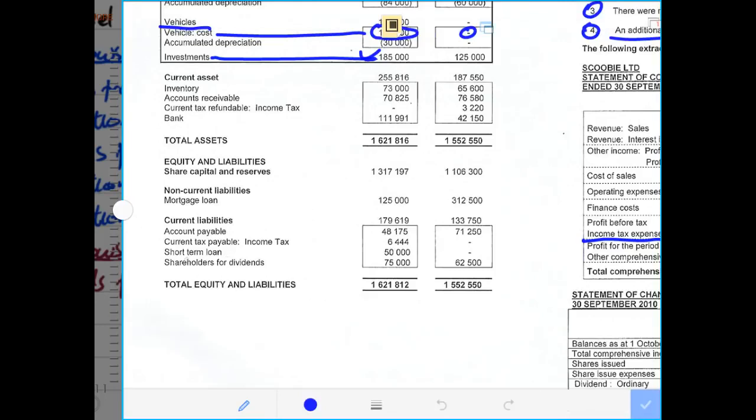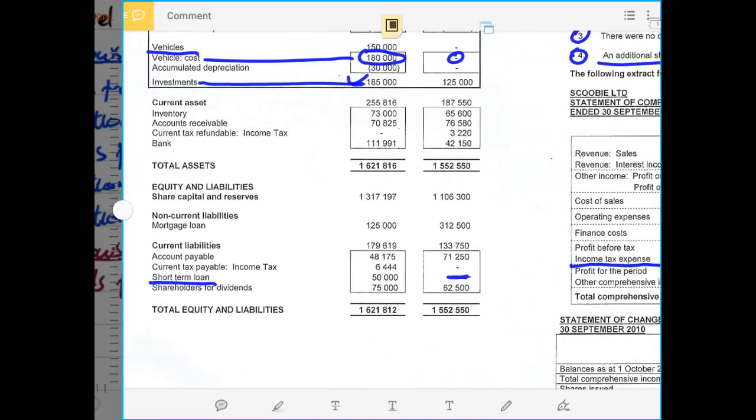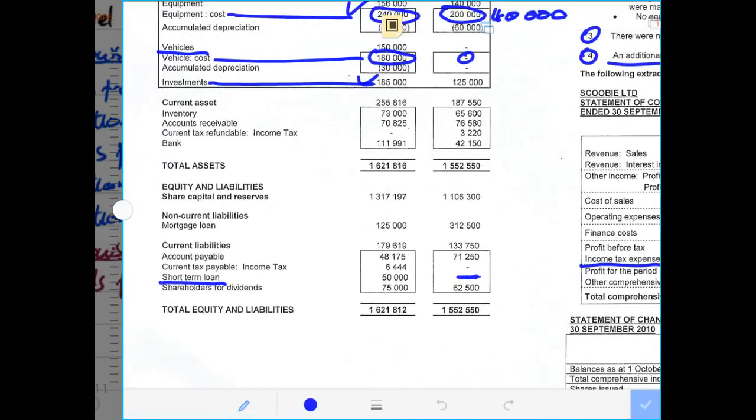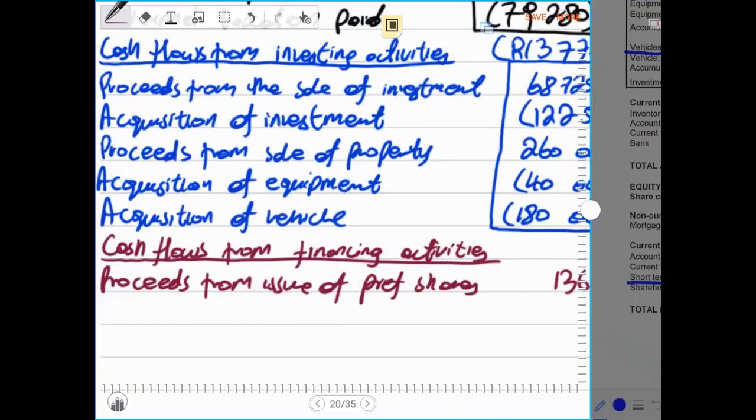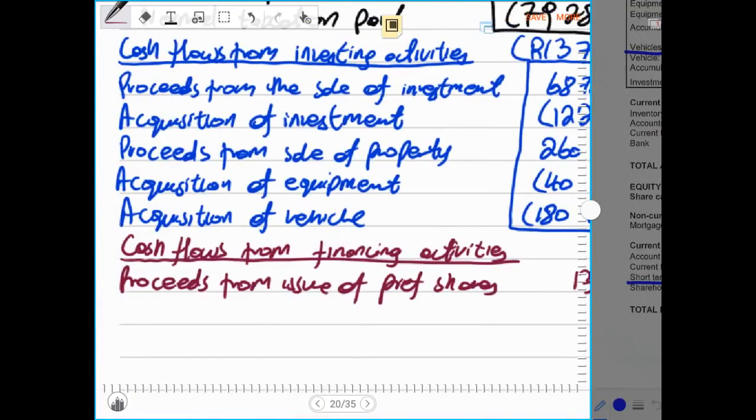Under current liabilities, we have a short-term loan, and in the year 2009 it was nothing. In the year 2010 it is 50,000. That means even if that adjustment was not there, we could still record using our statement of financial position that a short-term loan of 50,000 rands was raised. So let us record that under financing activities as short-term loan raised.